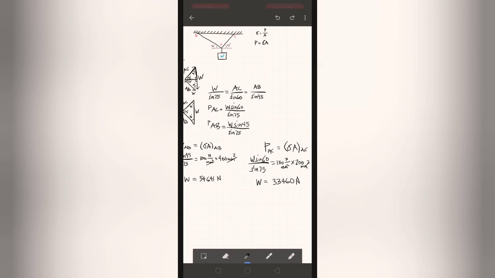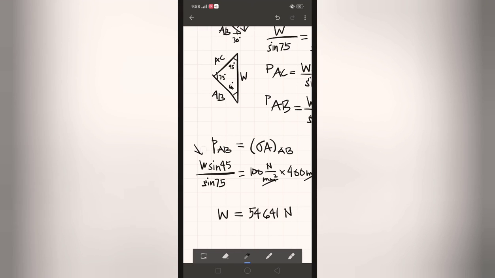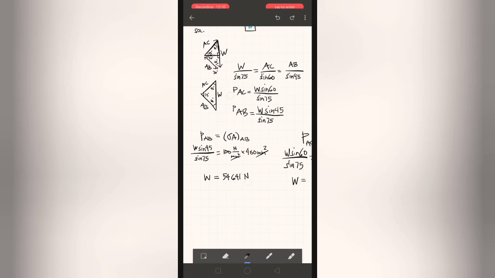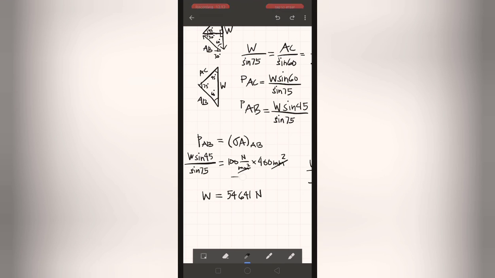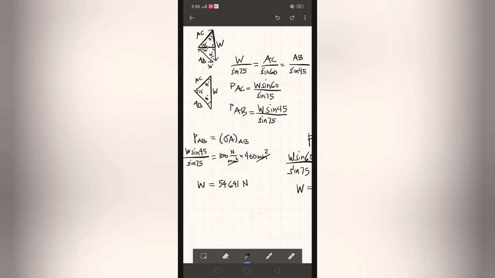So if we try plugging in 33,460 to this W and it came out to be less than this 100 MPa stress, therefore it will not exceed the 100 MPa. So if it will not exceed the 100 MPa stress, therefore it is safe.